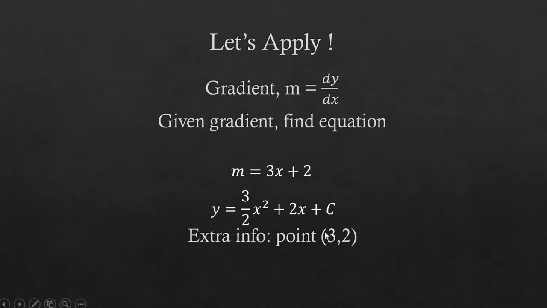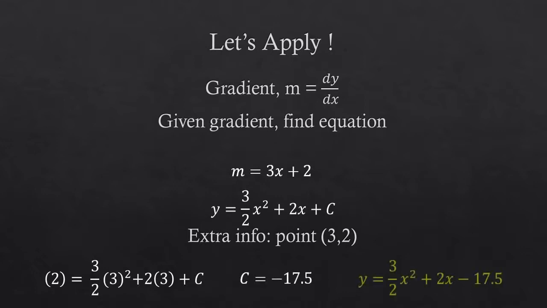It's given a point, x is 3 and y is 2. So we substitute 3 and 2 into x and y respectively. From here we are left with one unknown, which is c. We can get the answer and then substitute back. This is the final answer we need. So clearly, given a gradient, we can find the equation through integration.